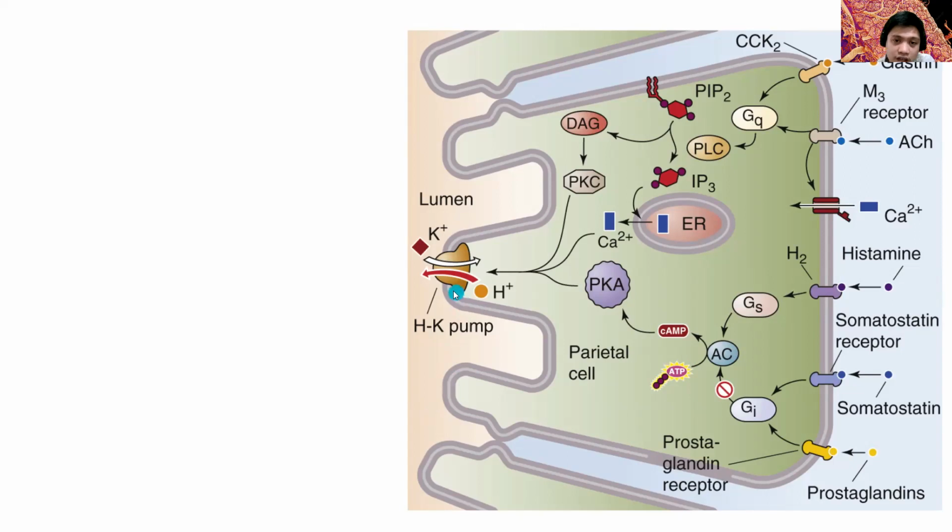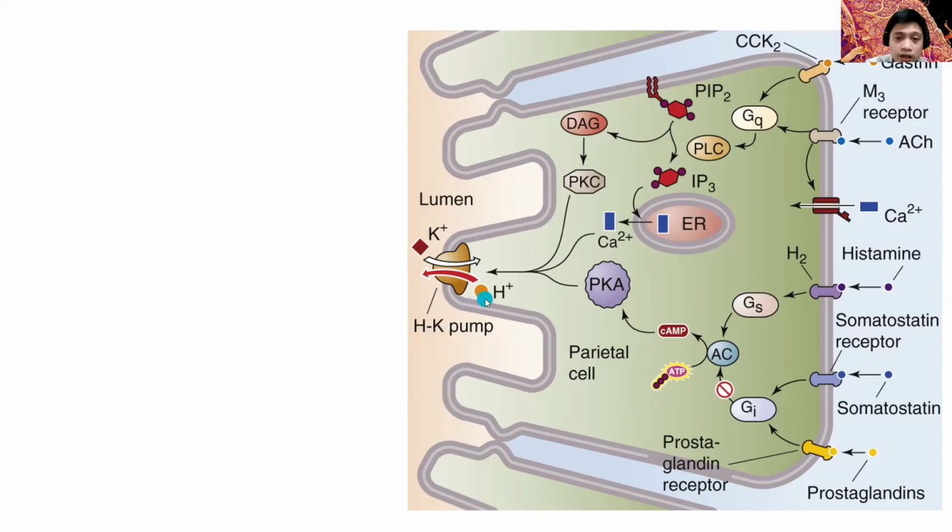And this pump right here is your proton pump. This is the primary protein that throws the acid into the lumen. Okay? And this proton pump is also known as the hydrogen, potassium, adenosine triphosphatase pump.